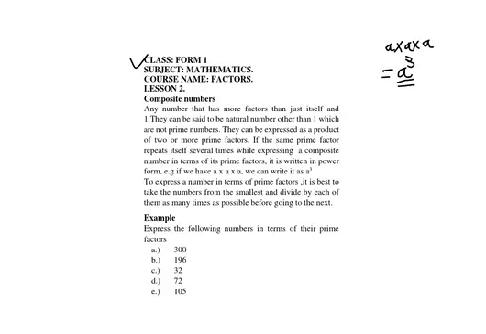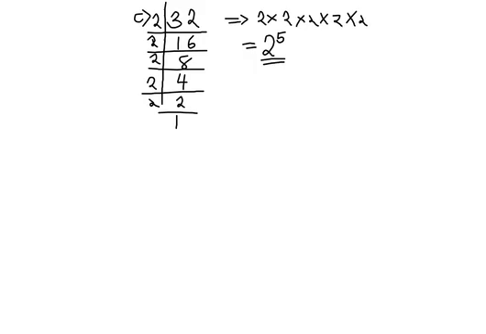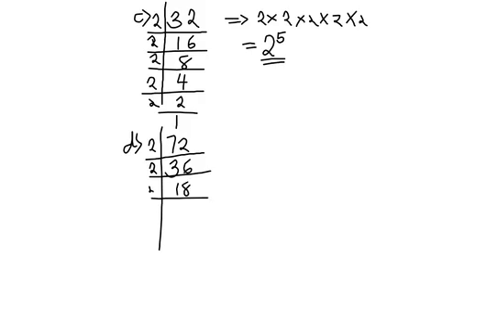We have D, which is 72. To express it in terms of its prime factors, we start with the smallest prime factor, which is 2. This gives us 36. By 2 we have 18. By 2 we have 9. Because 9 cannot be divided by 2, we go to the next prime factor, which is 3.